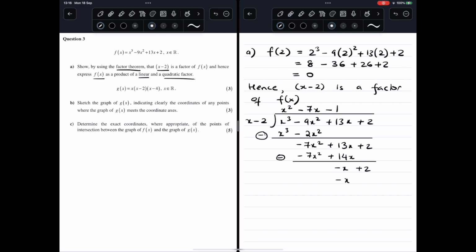So here I've got my quadratic factor, which is x squared minus 7x plus 1. So you can just rewrite this f(x) like so. And that's that. Okay, so now for part B, I've basically got a sketch.